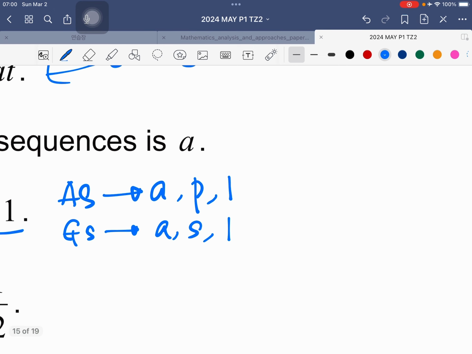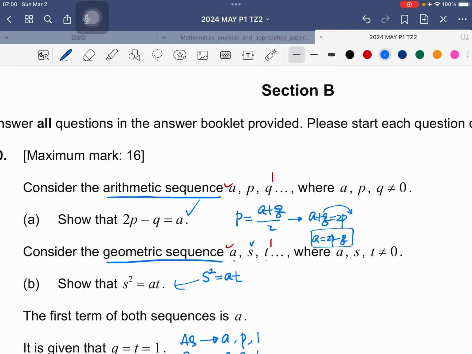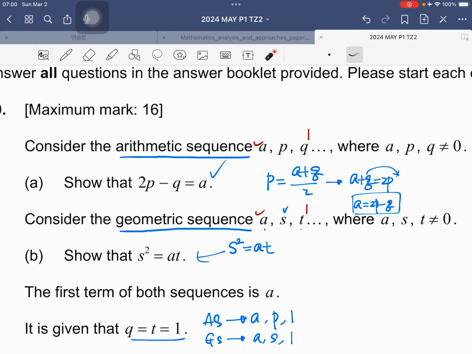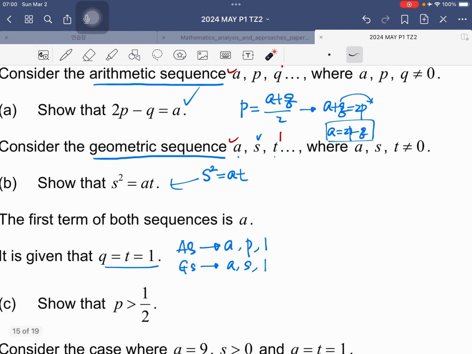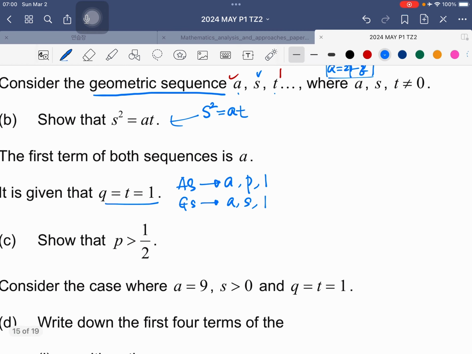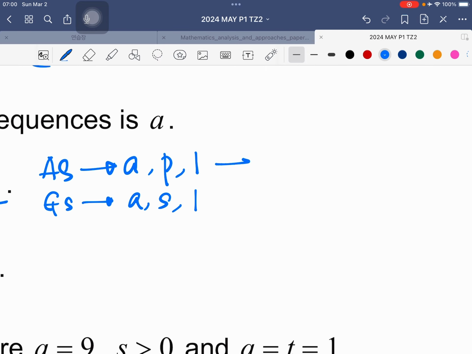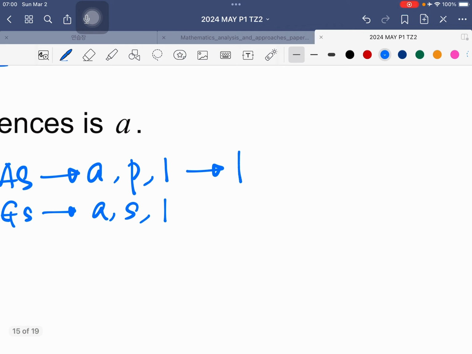Because this is an arithmetic sequence, as I mentioned, these two principles must work. The first condition should be satisfied, and this one also should be satisfied. So over here, the arithmetic mean should be applied, so P should be A plus 1 over 2.